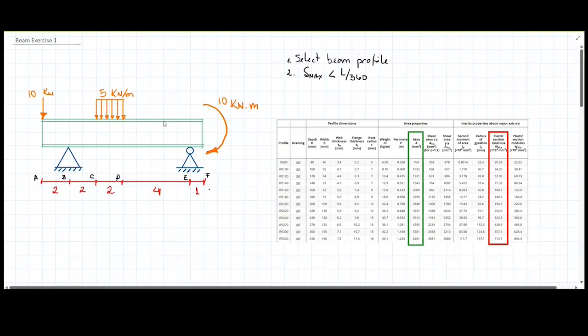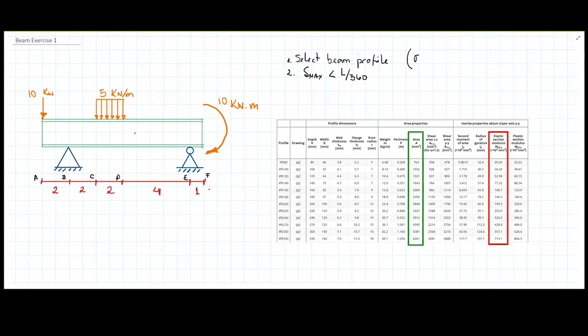So for the exercise today, let's select the beam profile so it doesn't yield. And this has very much to do with the fact that the stresses created by these loads must not surpass the admissible stresses for this material.